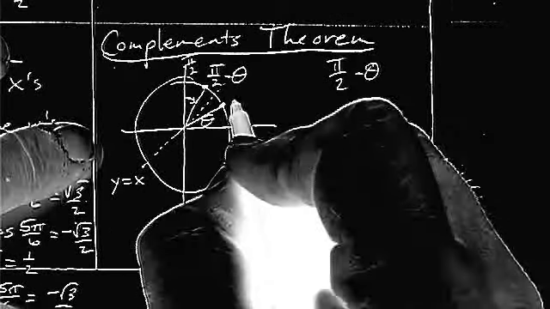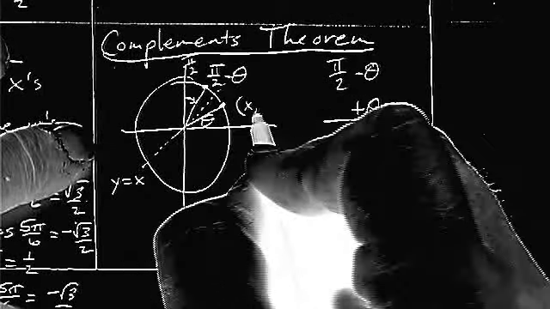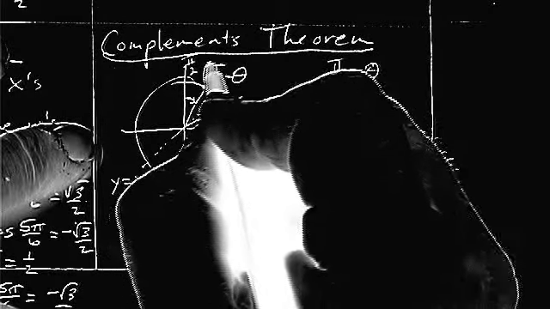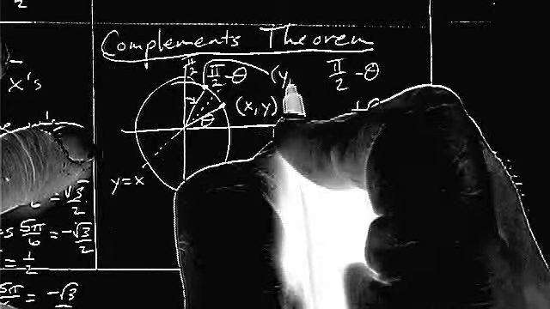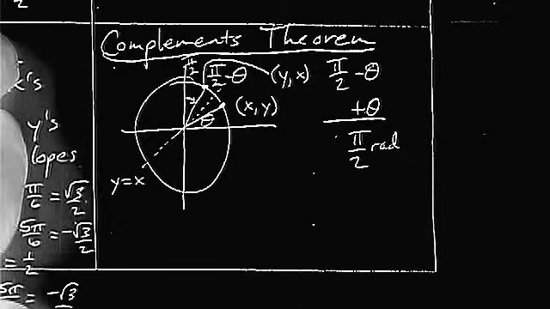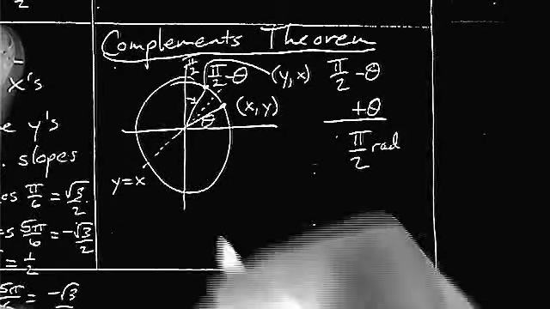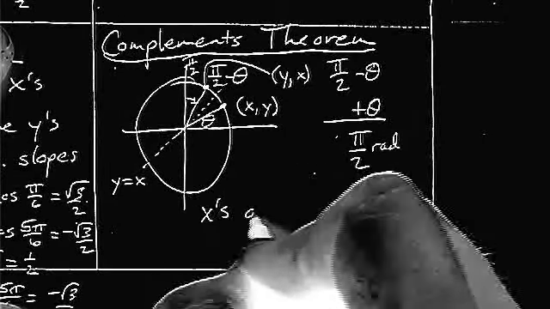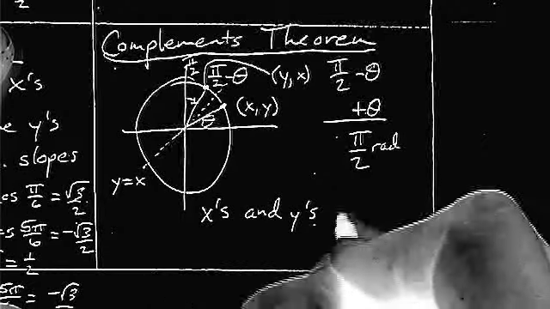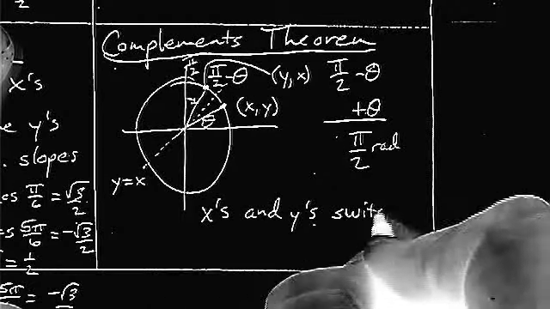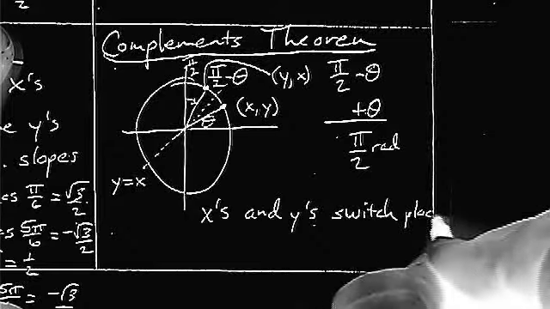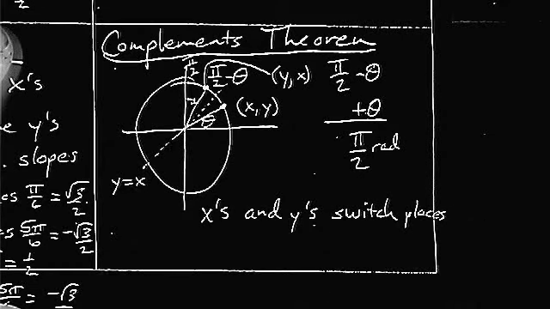So if you call this point x y, this other point would be called y x, because the x's and the y's switch places. Well, what does that do to the slopes?